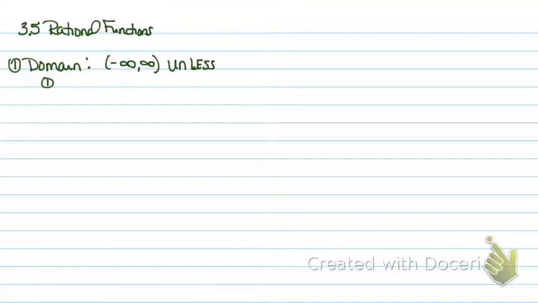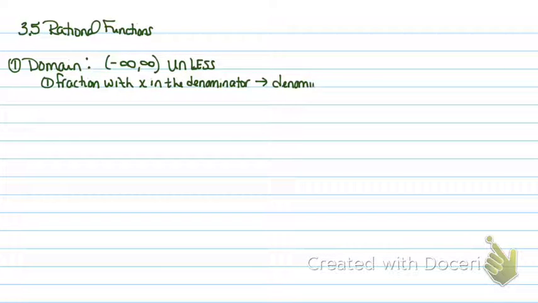So the first thing we have to watch out for is if it's a fraction with x in the denominator. If x is in the numerator, no big deal, okay? But if x is in the denominator, then we set that denominator not equal to 0 and solve.